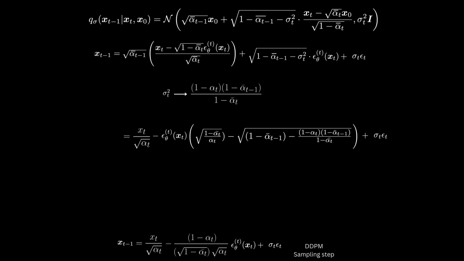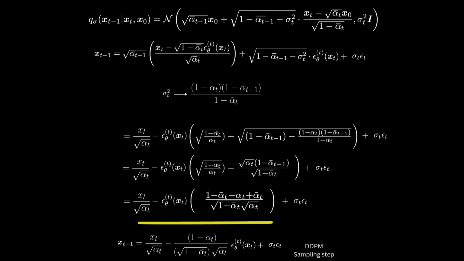Separating xt and epsilon theta terms and putting in the sigma square value gives us this expression, where the two alpha bar terms get cancelled out. Now what we have here is the same update expression as we had in the DDPM sampling step. So in terms of the dynamics of the diffusion process, setting sigma equals 0 leads to zero stochasticity in the process, and as we increase sigma, we keep on making the trajectories more stochastic.